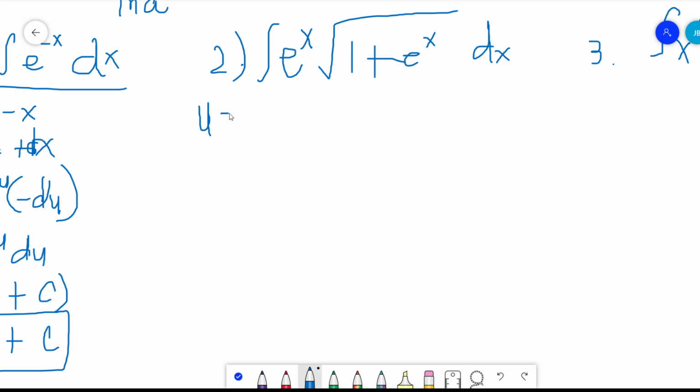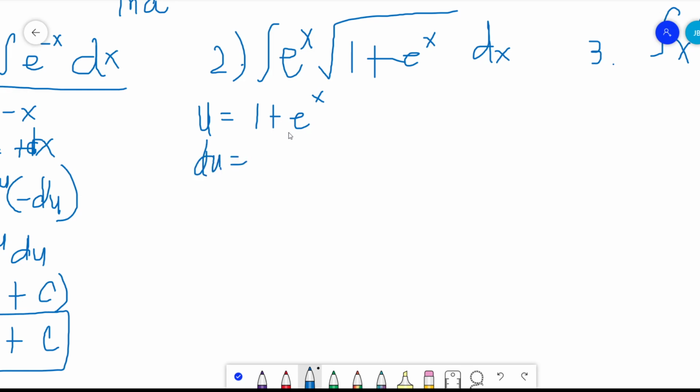But for some cases, this does not work. If this does not work, then you can just distribute e^x times 1 plus e^x raised to 1 half. So let's try first.